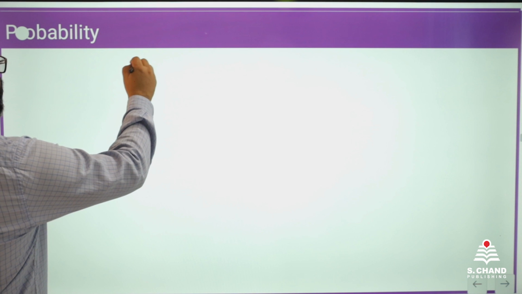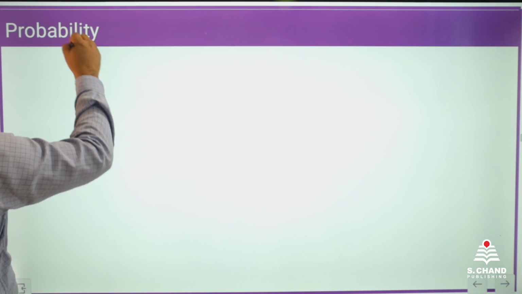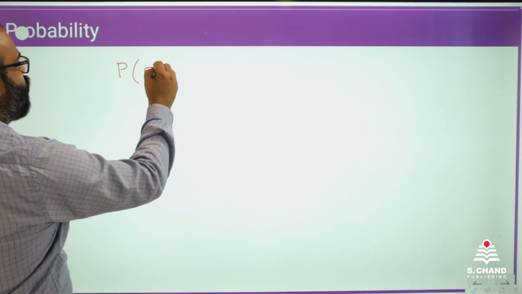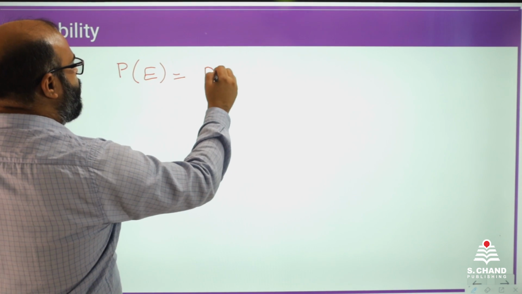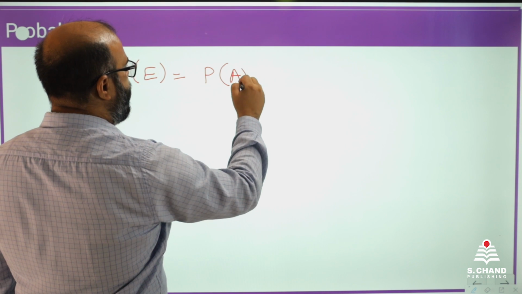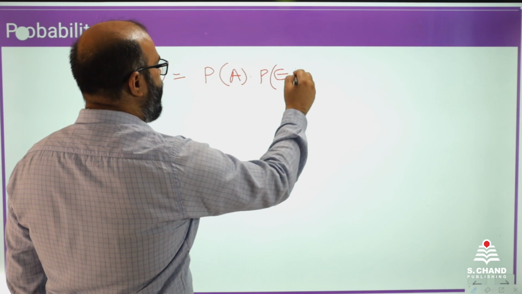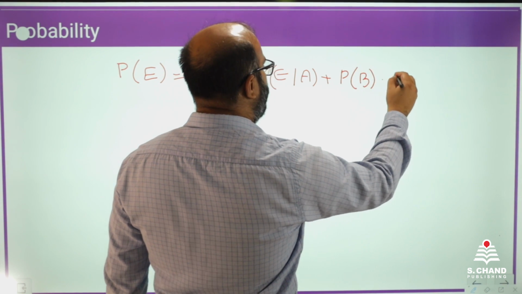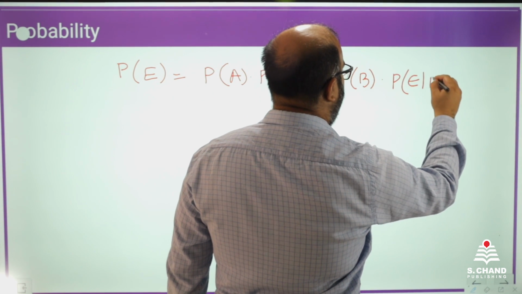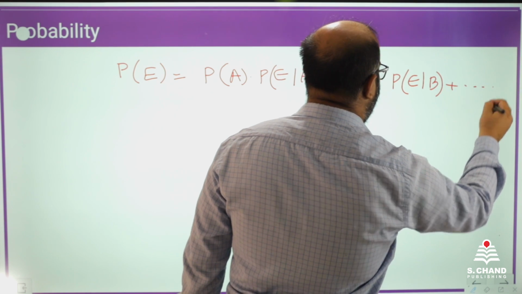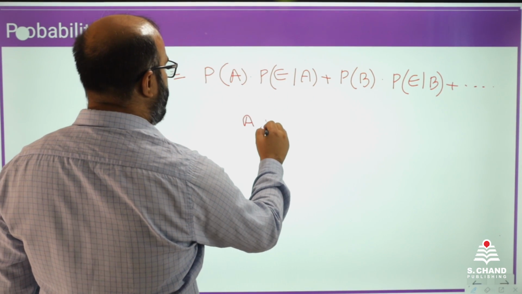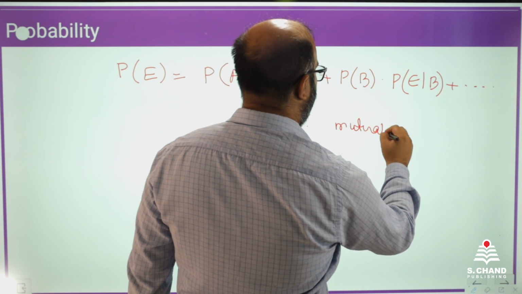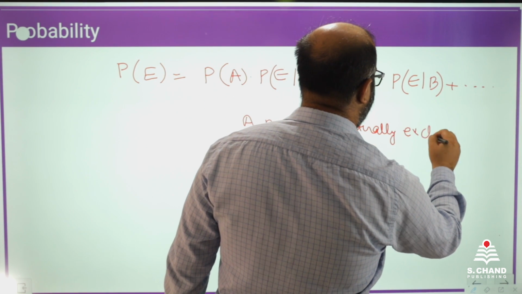Next we have the total probability theorem. The total probability theorem says that the probability of an event E to occur is actually probability of A into probability of E by A plus probability of B into probability of E by B, and so on, where A, B are all mutually exclusive and exhaustive events.